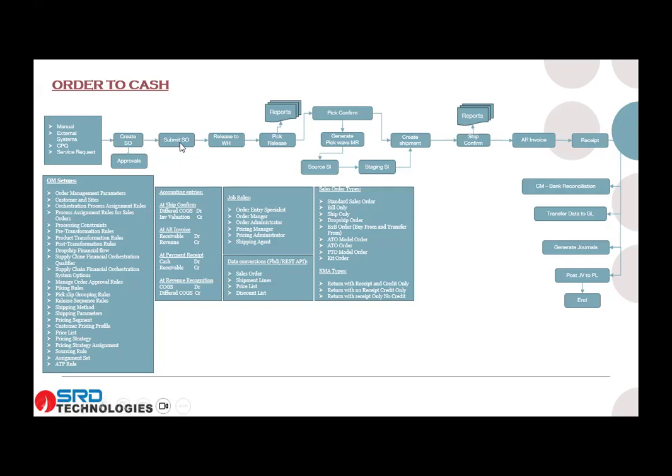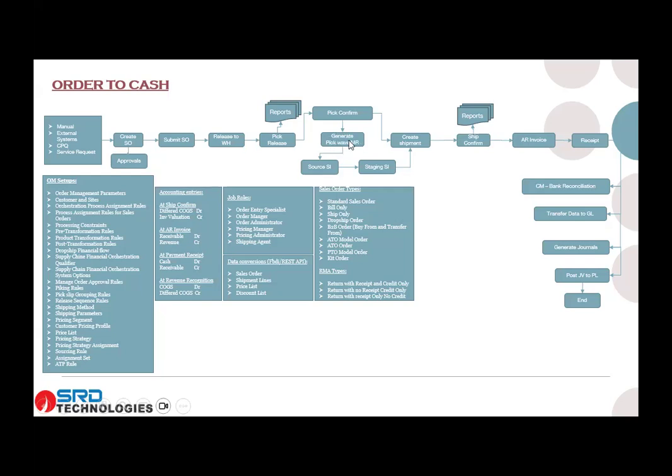So next what? After entering, we'll submit the order, then we'll release to warehouse. After releasing the order to warehouse, we'll pick release, and the picking process will be started. Against that, any reports or documents required will be generated. Then after that we'll pick confirm. Once pick confirmed, some transaction will be generated.